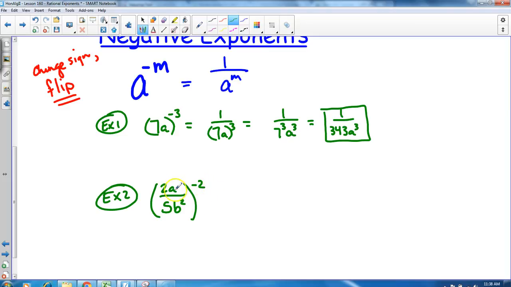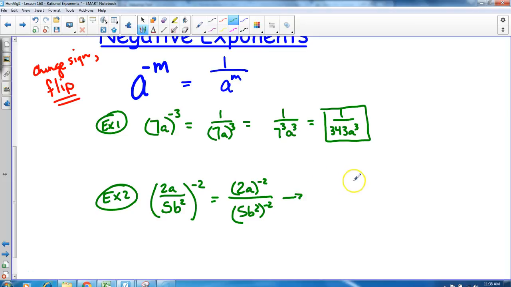Well, again, this entire thing is raised to the negative exponent, so I want to make sure that I make my exponent positive and flip whatever that thing is. So I've got 2a to the negative 2 over 5b squared to the negative 2. We need to flip it.